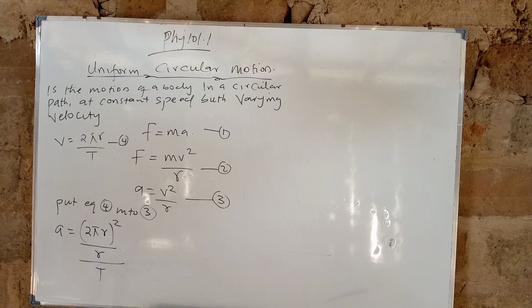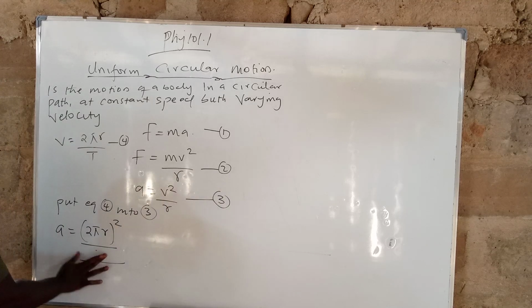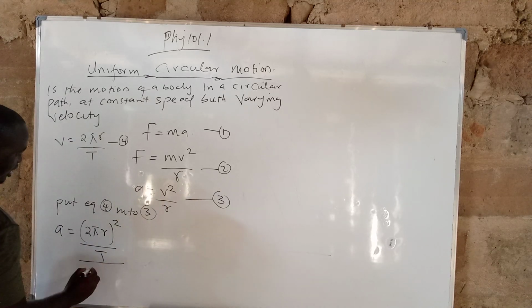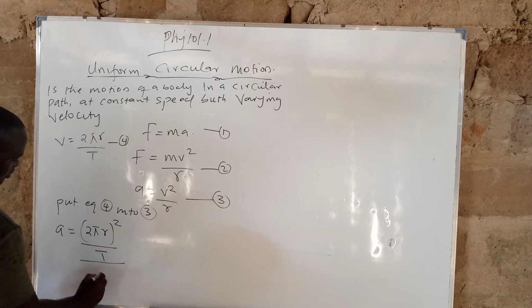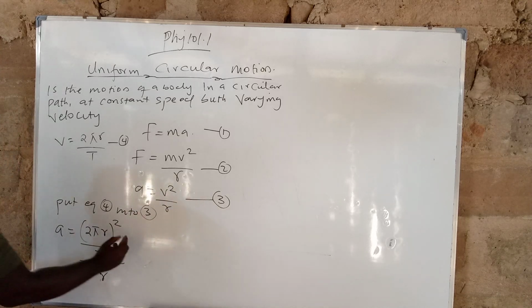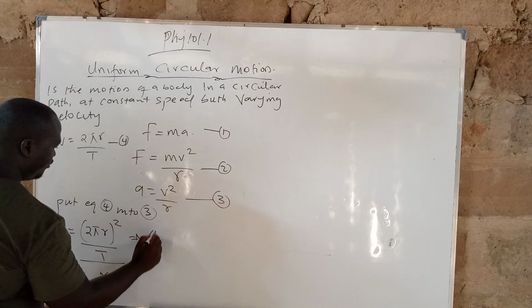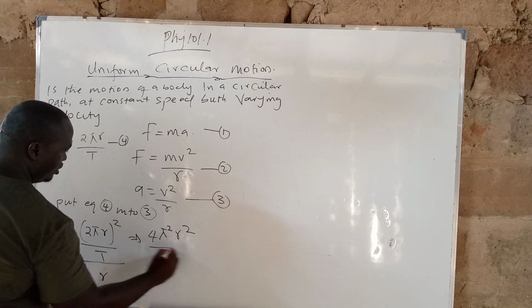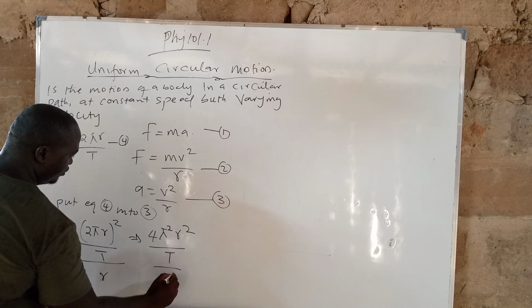Now, the next thing I'm going to have to do is, no, I made a small mistake here. This should give me 2 pi r all over t, all over r. Now if I open this bracket, what I will get is 4 pi square r square all over t all over r.